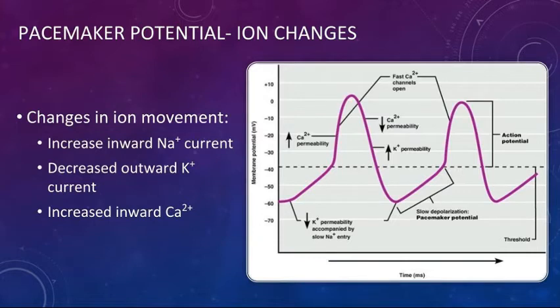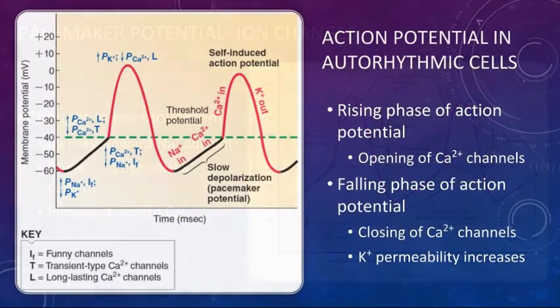The third ionic change is the increased inward calcium. When funny channels close, T-type calcium channels open, helping to depolarize the membrane. Once threshold is reached, the calcium channels close. These ionic changes bring the membrane to threshold.